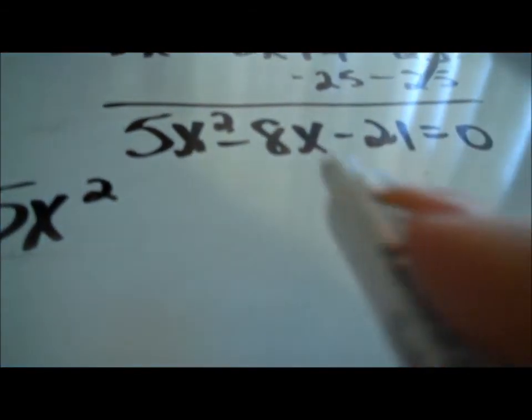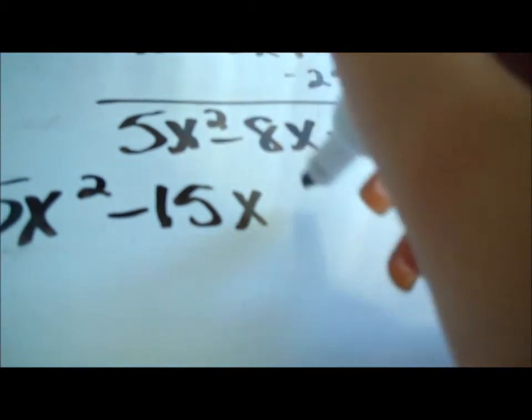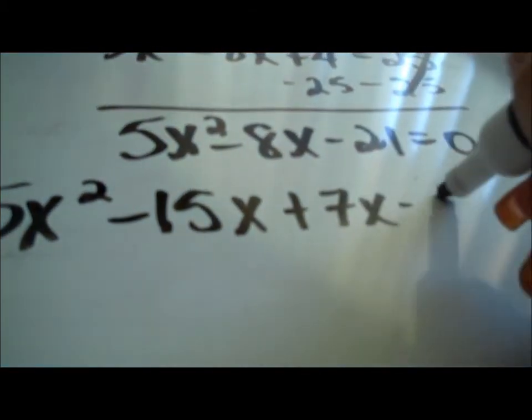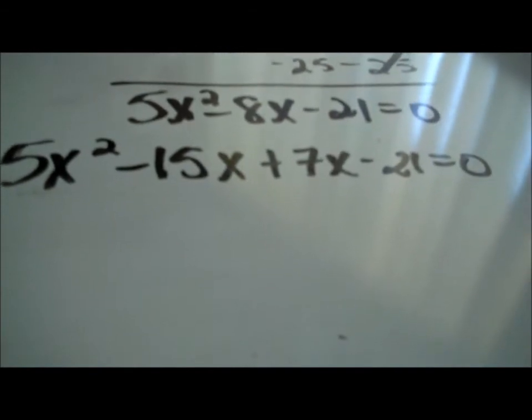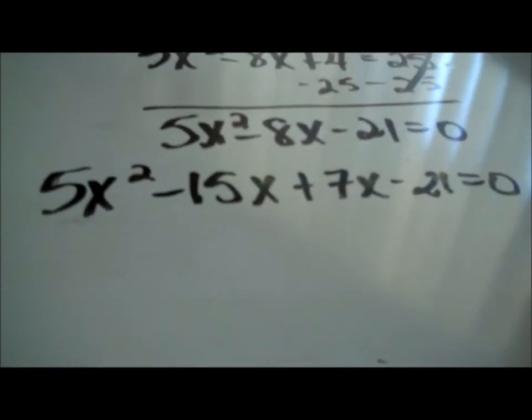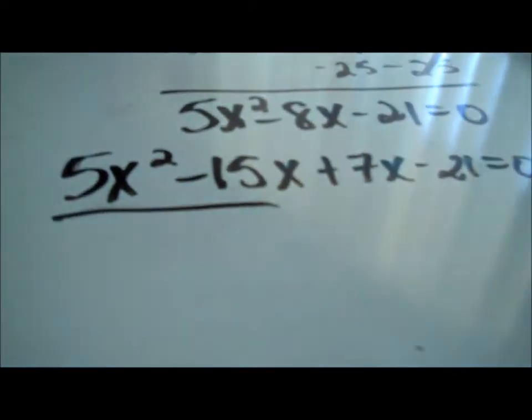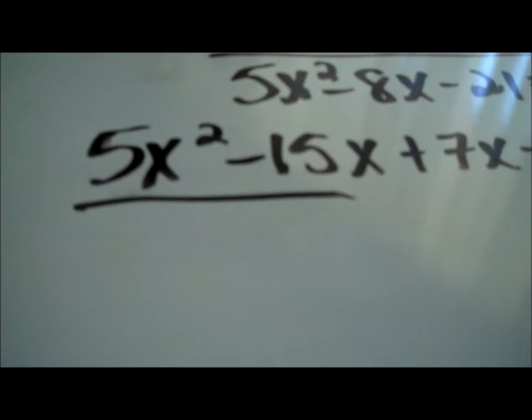So I'm going to use the AC method. I'm going to take out the negative 8x, and I'm going to substitute it with my two factors. Okay, so it gives me a quad. Now remember, if we've got a quad, you've got to factor by grouping. So I come over to my first part and ask myself, what's the GCF?